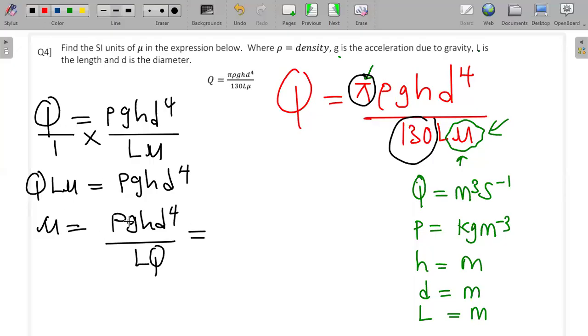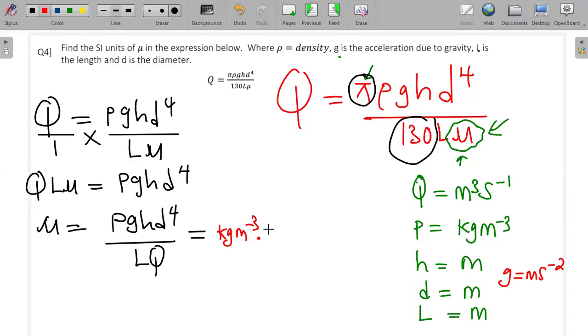So its units now for this mu, I'll just be replacing now. P is the density, which is kg m^-3, multiplied by acceleration due to gravity. Oh, I didn't put it here. So the acceleration, we know it's m s^-2 like this. Okay, I did put it there.